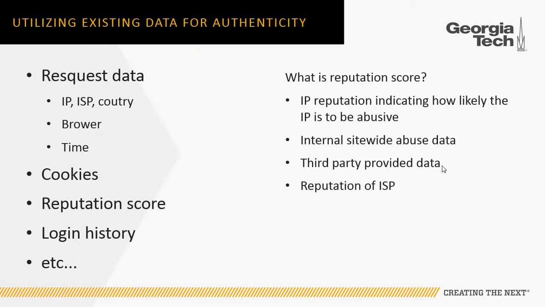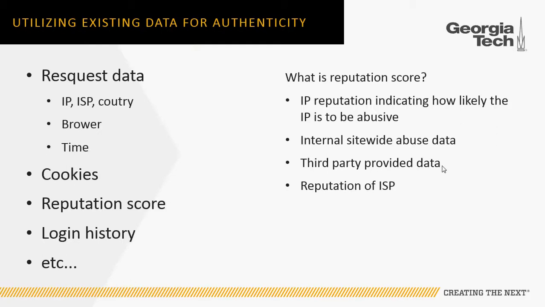And then there is the reputation score. So what is a reputation score? It's actually the same as the reputation of a person. There are some persons who have a good reputation and you should trust them more, and sometimes some persons have a bad reputation, and in this case you should deny them. Similarly, here we are talking about the reputation of an IP address. The IP address will indicate how likely the IP is to be abusive.